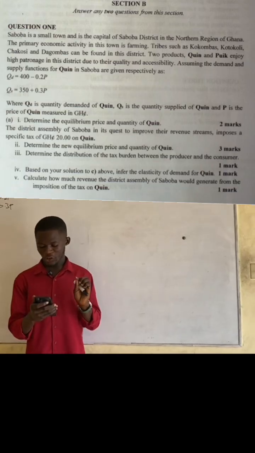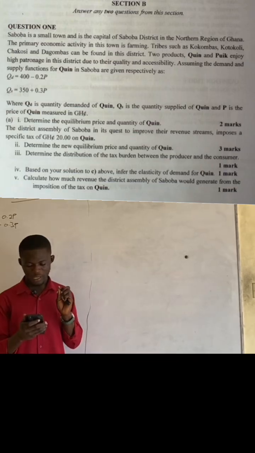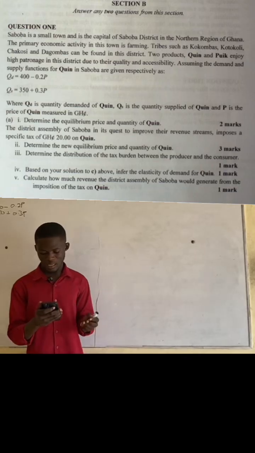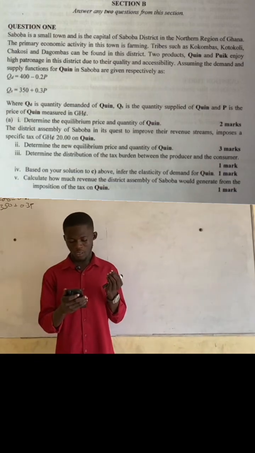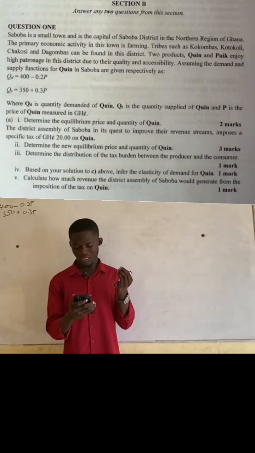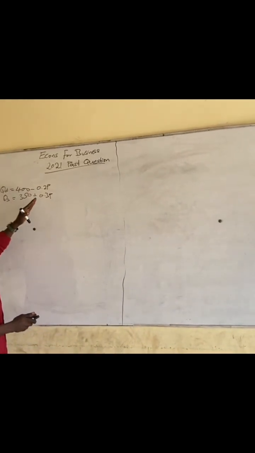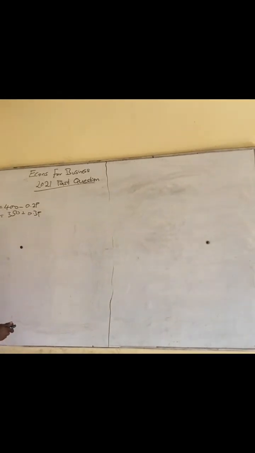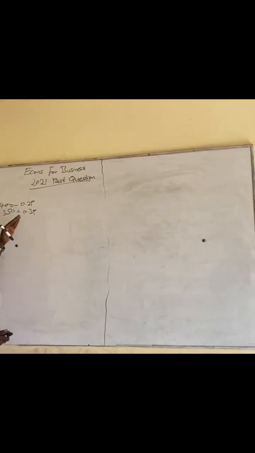Two products, quinoa and pube, enjoy high patronage in this district due to their quality and accessibility. Assuming the demand and supply functions for quinoa in Saboba are given respectively as quantity demanded QD equals 400 minus 0.2P, whilst quantity supplied QS is given by 350 plus 0.3P.